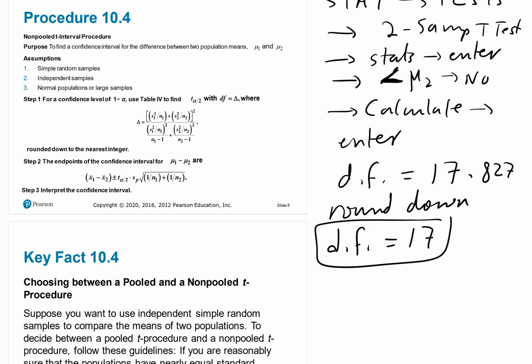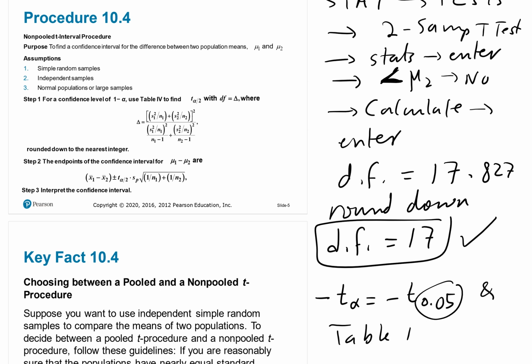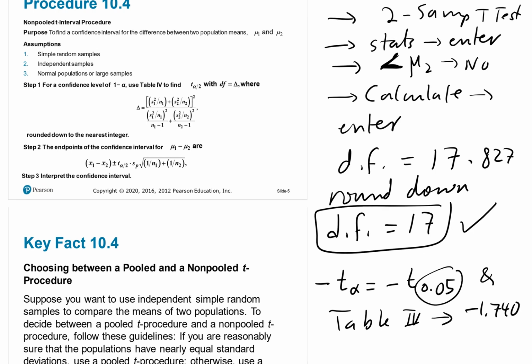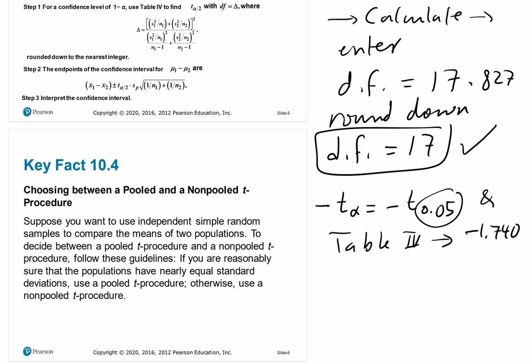Because it's a left tail test, we're going to find negative t sub alpha, negative t sub 0.05, with this degrees of freedom. On table 4, I found the critical value is negative 1.740.